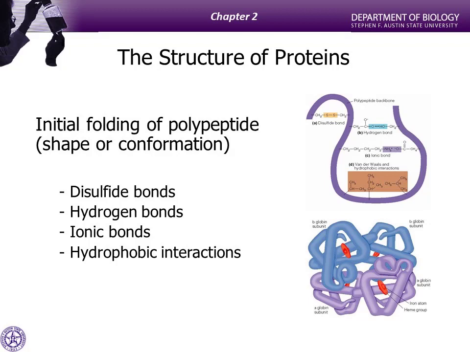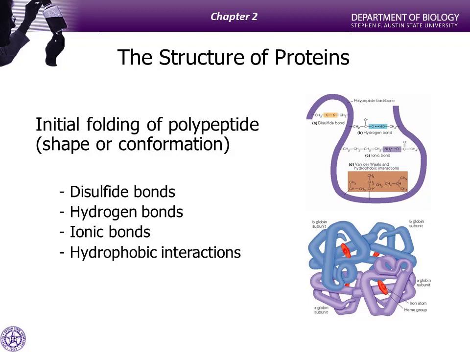We can have ionic, hydrophobic. Some amino acids have a sulfur group. What's the valence of sulfur? How did you remember that? 6. See, now we're moving away from just oxygen and carbon. We can do them all based on our little mnemonic. Remember those. But all of those are going to be used to form the tertiary and quaternary structure of our proteins.